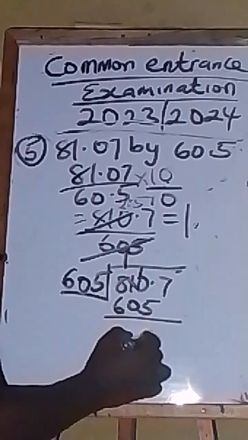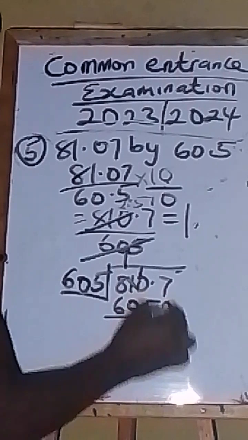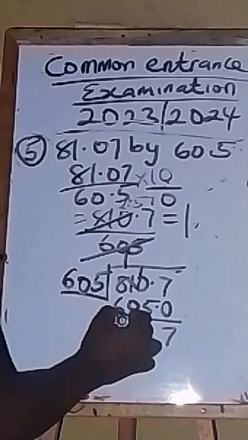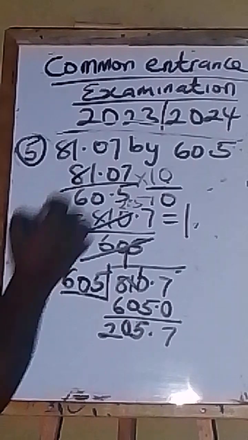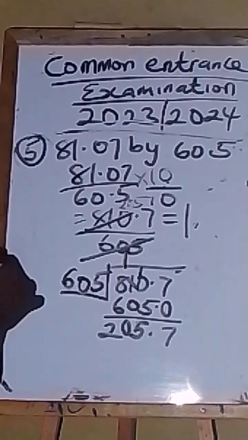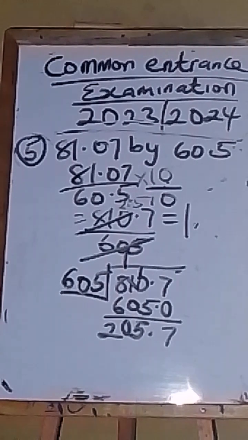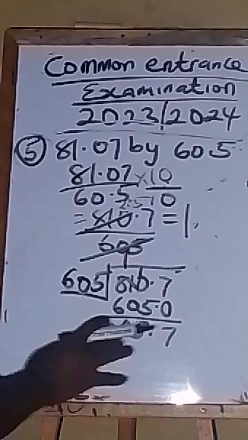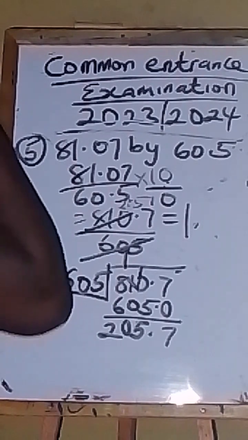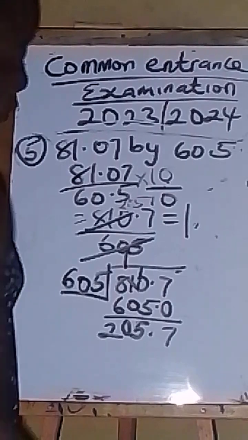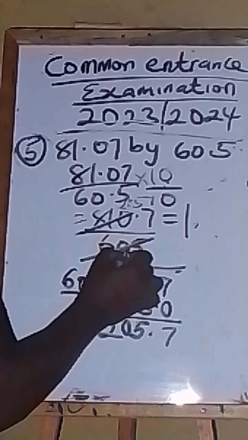We have 1. 605 into 205, we should know automatically it is not possible. So what do we do? We put points.